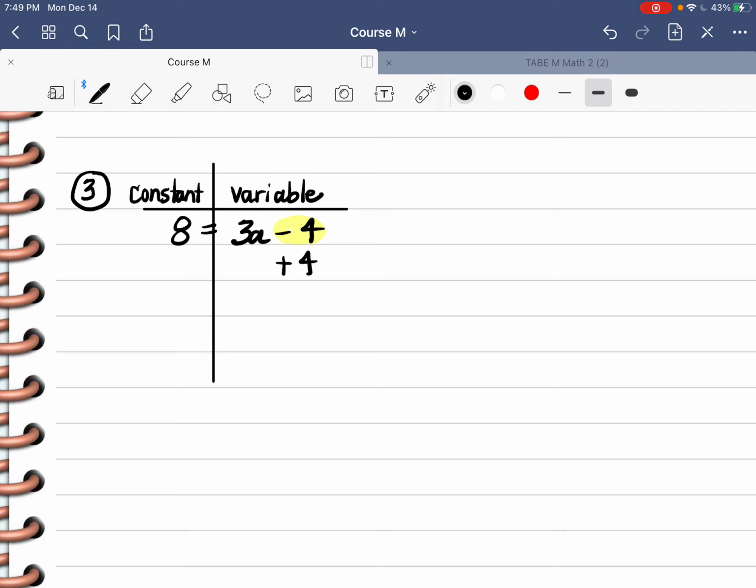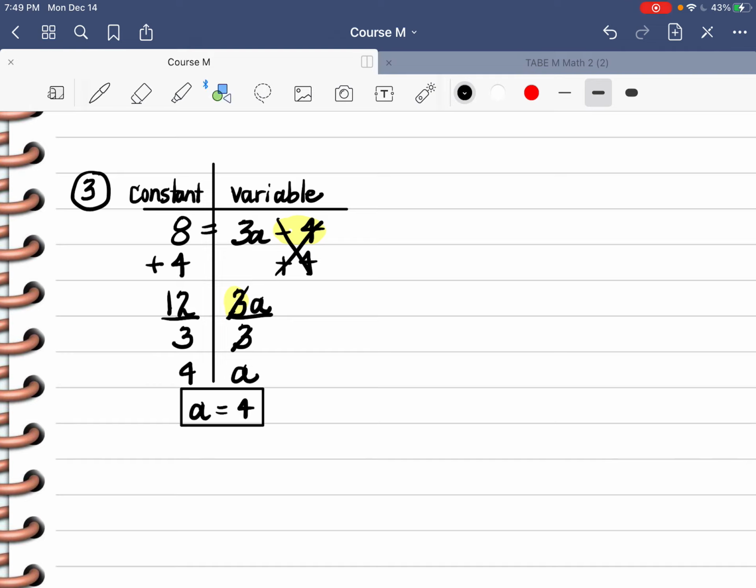So I do the opposite of minus 4, the inverse. Cancel. 8 and 4 make 12, and I copy the 3a. And then I'm going to divide away that coefficient. So a on this side, 4 on this side, but we need that to be standardized. So a equals 4.